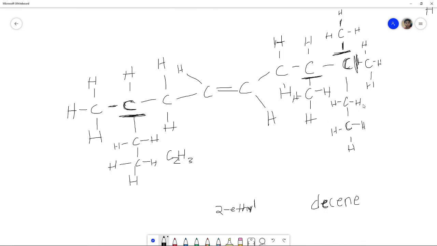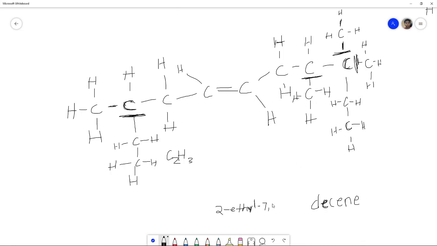Now we just need to go on to the methyl groups. So we have 3 methyl groups, and we're not going to write 7 methyl and then 8 methyl and then another 8 methyl. Essentially it's an abbreviation. So we do a dash, then we do 7 because that's where the first methyl group is.